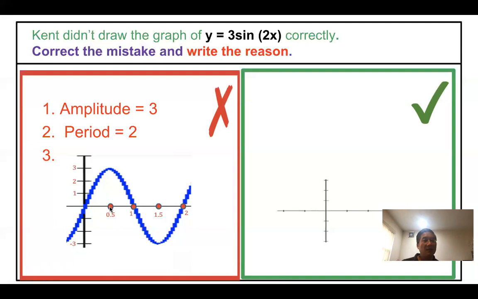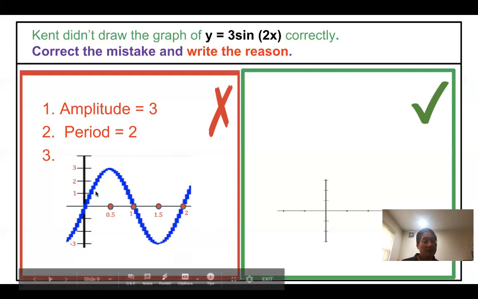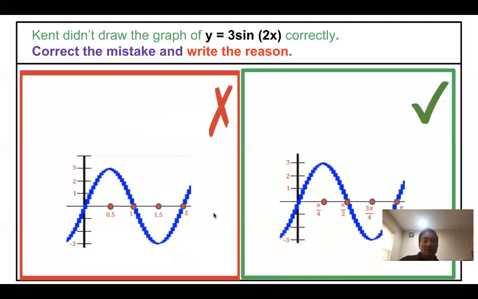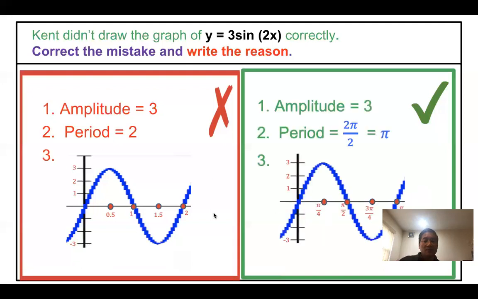This one will be pi over 4. This will be 3 pi over 4. You label these. So because the second step, the period, was wrong, your graph shape is okay, but the interval is wrong, right? The label is wrong. So can you correct it? And it'll be like this.